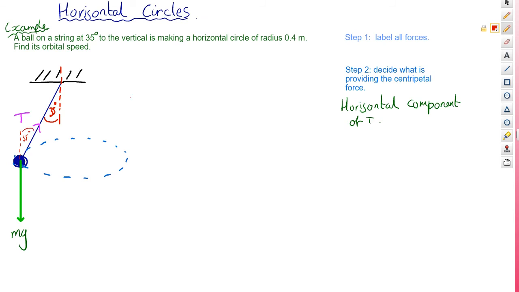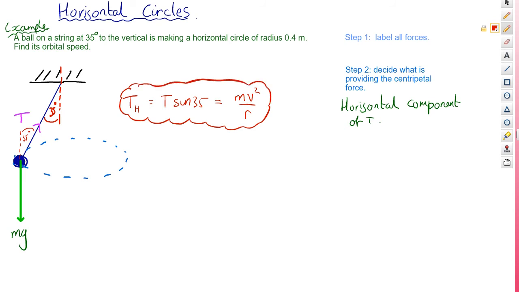So the horizontal component of T, let's call that TH for T horizontal, is going to be T sine 35. And that's going to equal mv squared over r because it's providing the centripetal force. So we've done pretty well. We found an equation, some useful information there.